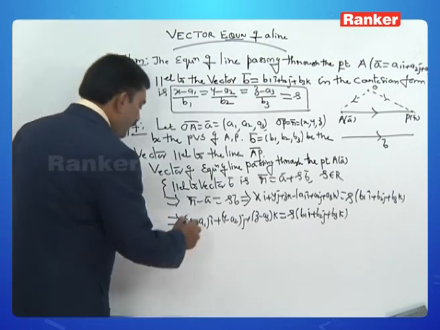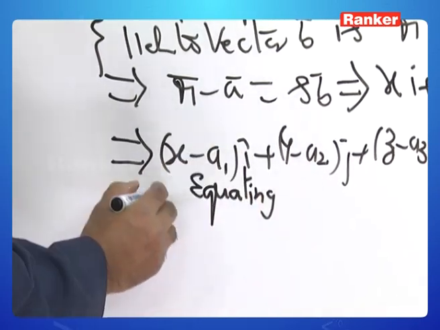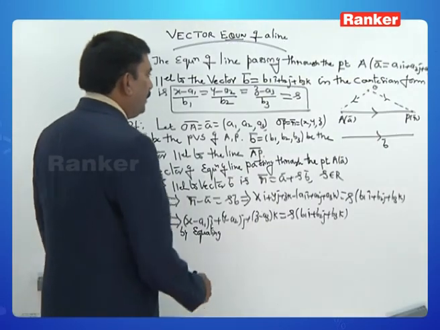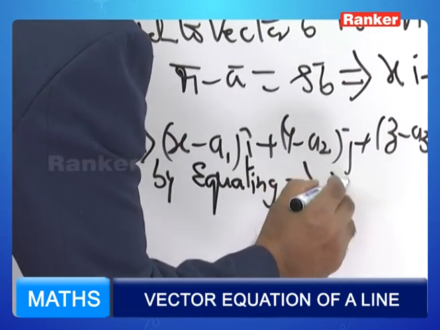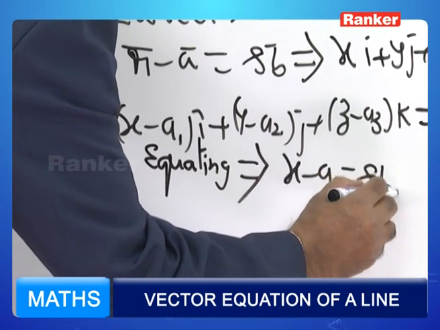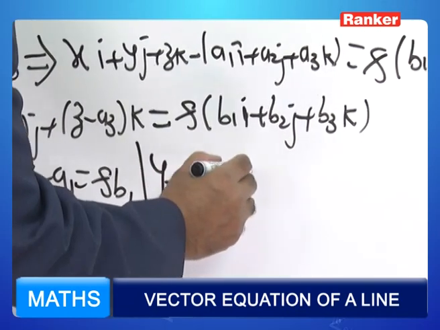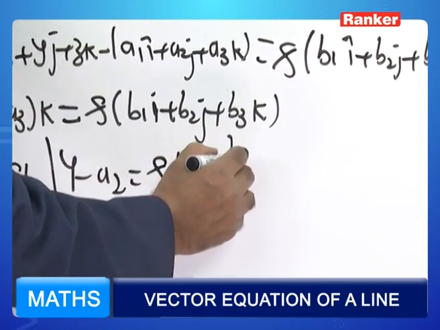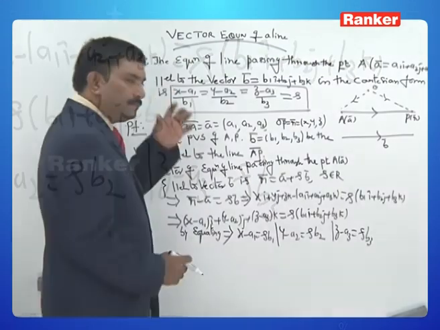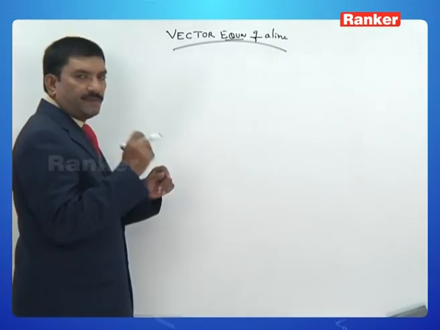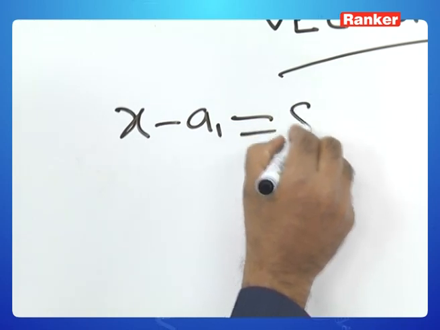So therefore, by equating, which implies X minus A1 is equal to S into B1.